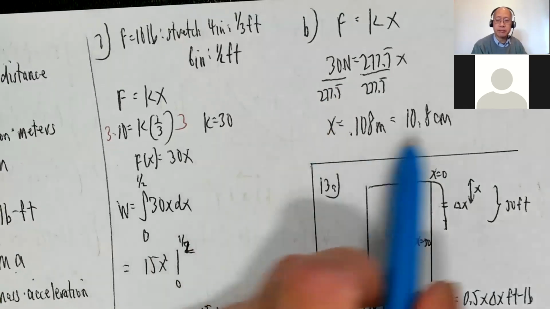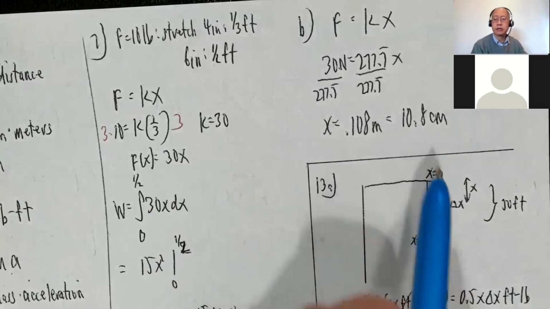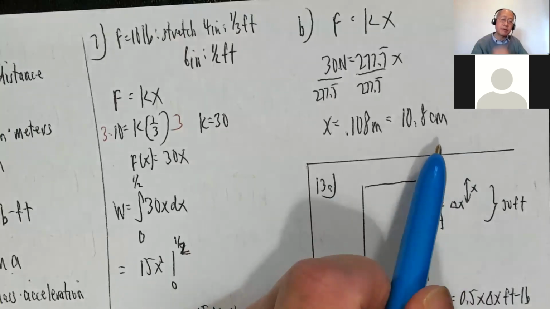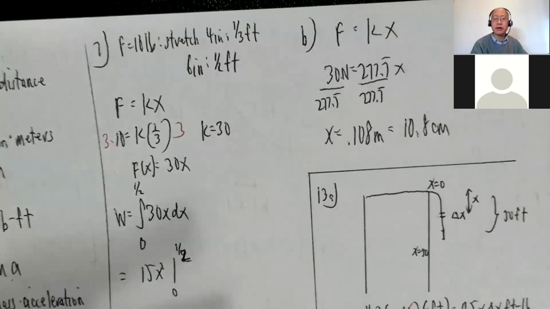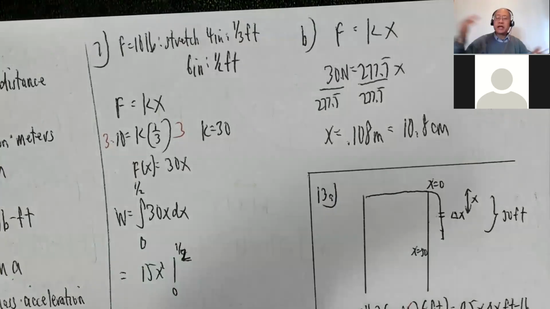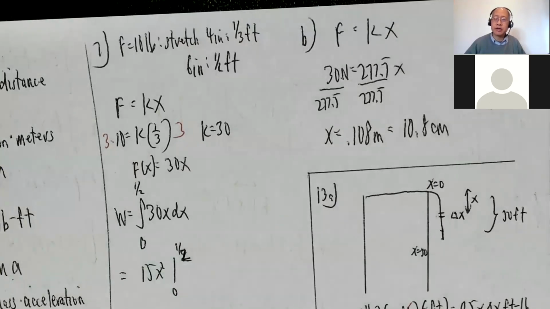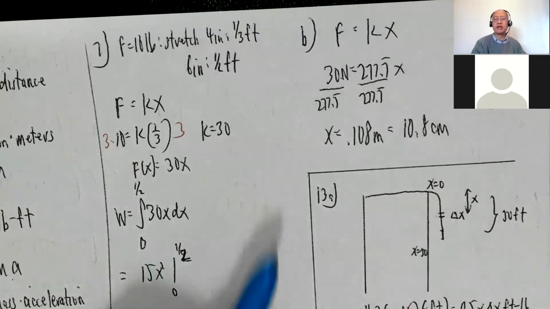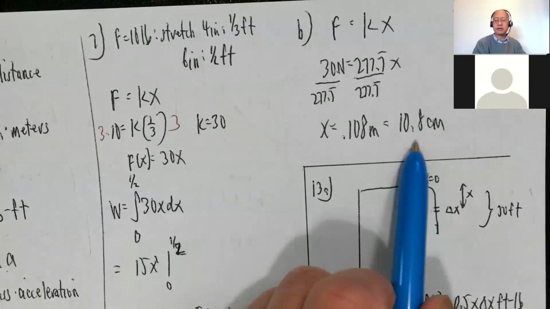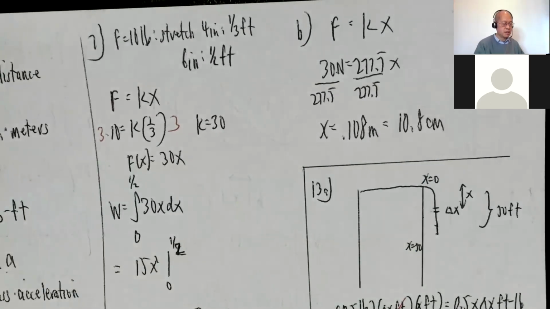So I should present the answer as 10.8 centimeters. So that's my answer. One more time, even though you need to do all the work in meters, you always present the answer in the same units as was given. So in a given problem with centimeters, centimeters, centimeters, it'd be kind of weird to leave my answer as meters. So I switch back to 10.8 centimeters. So that's the way that one works.